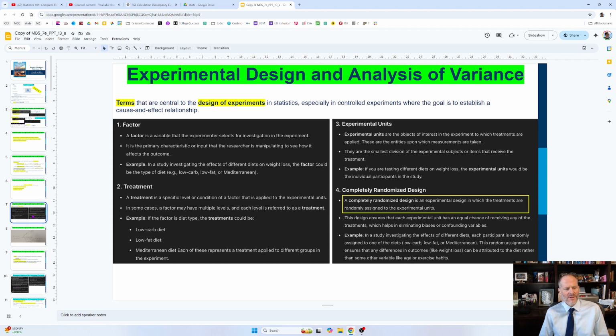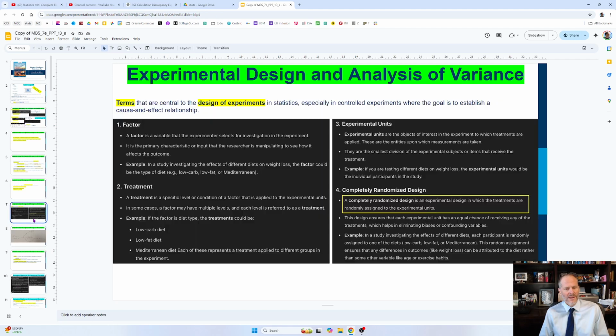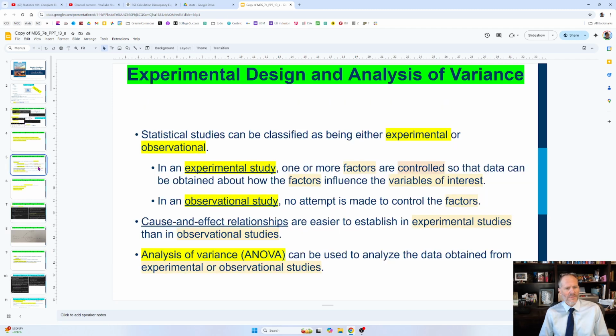You could pause the video, take a gander through that, and then when you're done, you could think about these two in relation to each other. And so we talked about how statistical studies can be classified as being either experimental or observational.